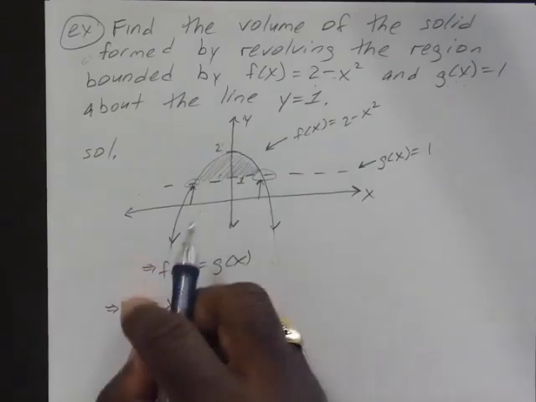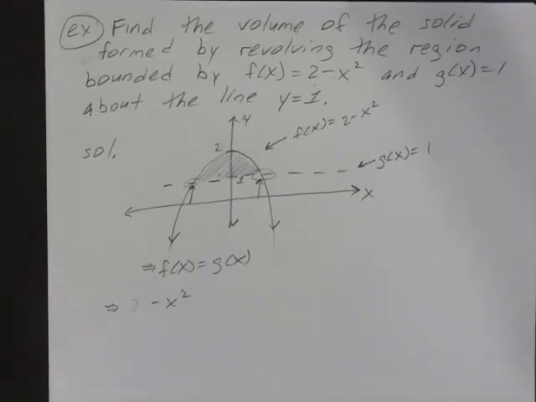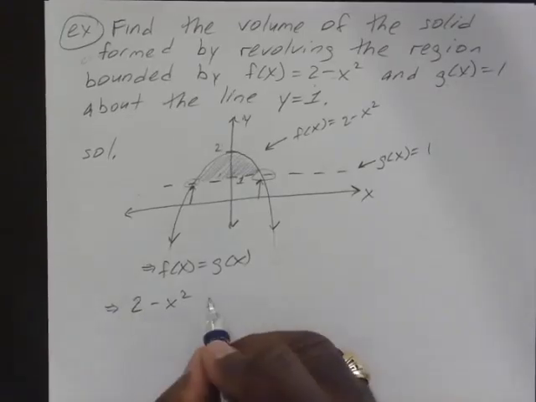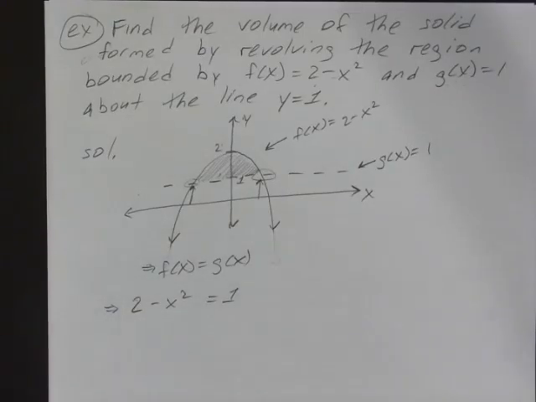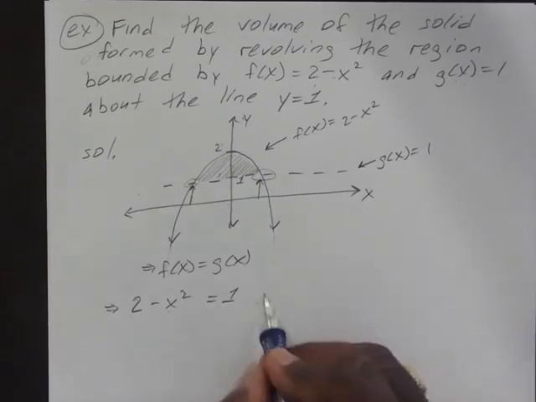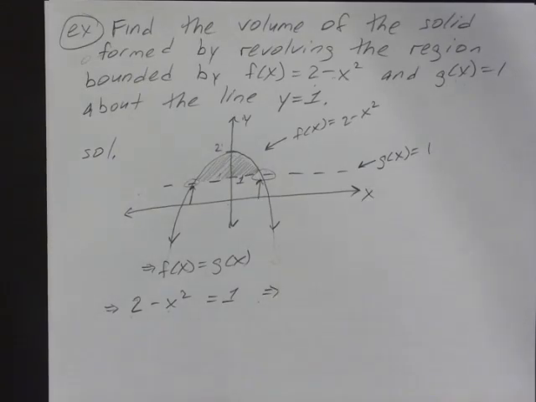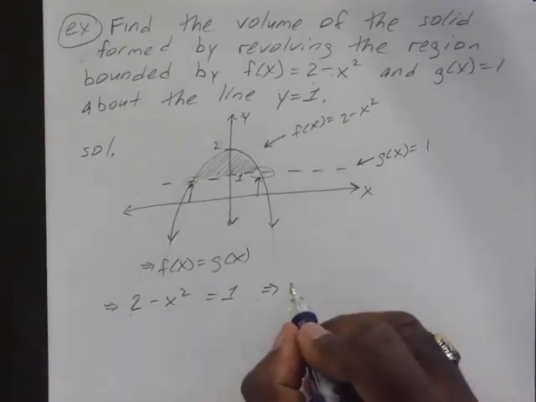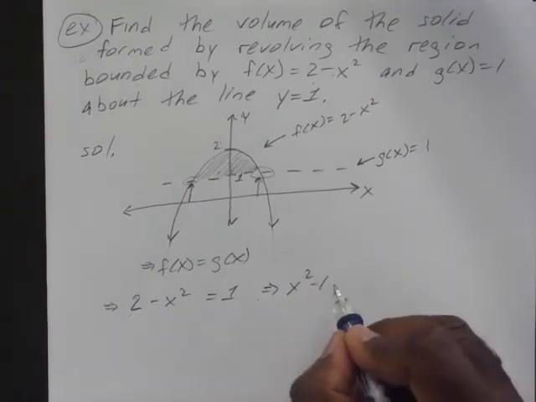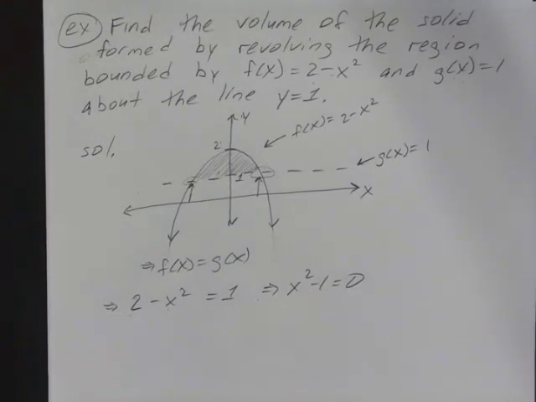Let me rewrite that. If we add x squared to both sides and subtract 1 from both sides, we'd end up with x squared minus 1 is equal to 0.